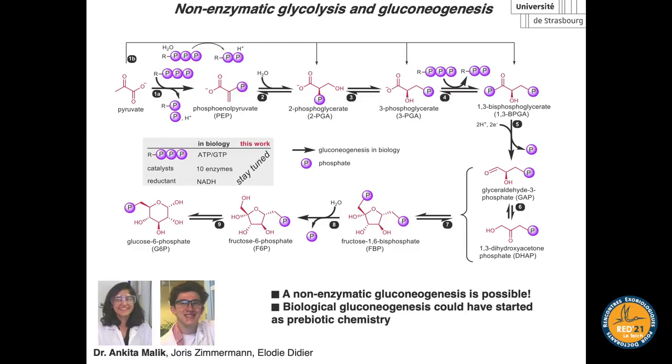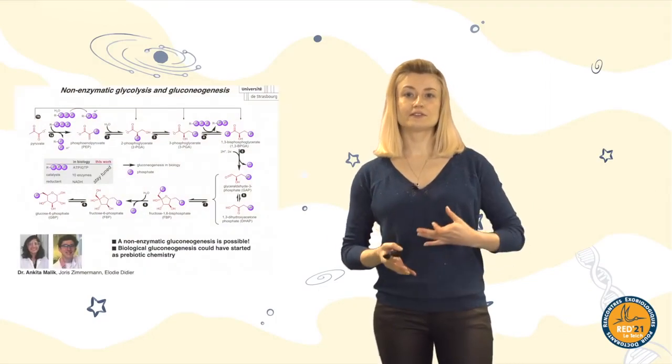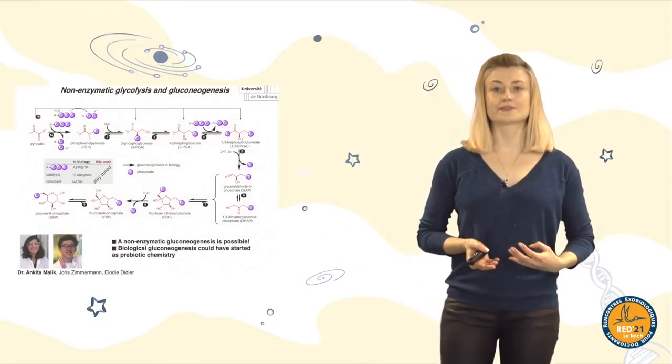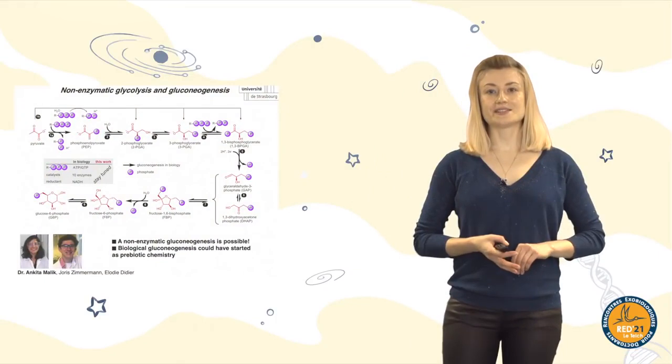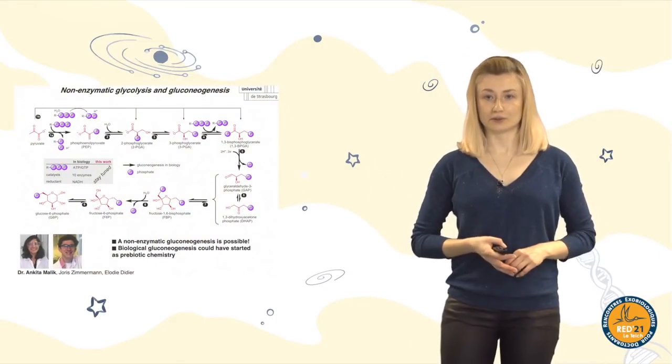Then we've got a sequence of phosphorylations, isomerizations, and reduction, and we end up with two important biomolecules, glyceraldehyde 3-phosphate, GAP, and DHAP, dihydroxyacetone phosphate. You see them in the bottom right corner of the slide. These molecules undergo a crossed-aldol reaction to give a sugar molecule. So we've got a pentose sugar, which then becomes converted into a hexose, glucose.